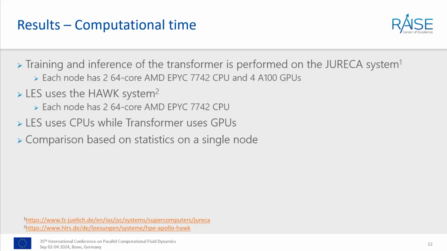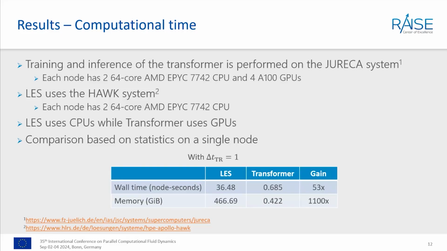And this comparison is of course not so straightforward, in the sense that the inference is done on GPUs, in this case A100 GPUs, while the LES code exploits CPUs on the Hawk system, although the CPUs are the same. And then we compare statistics, let's say for a single time step.